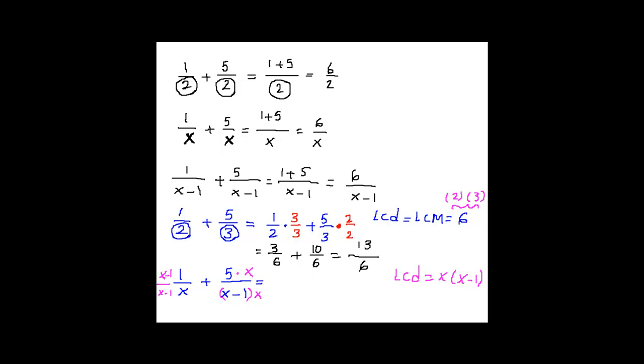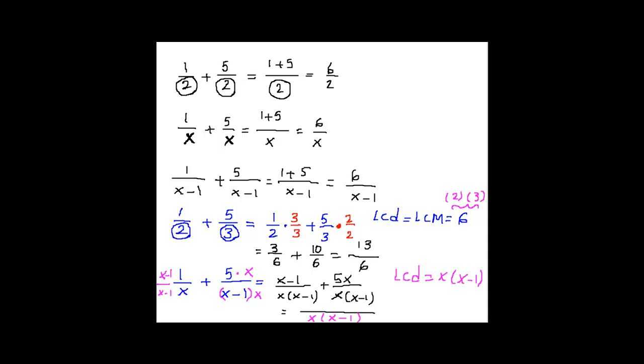So in this case, the first one turns into x minus 1 over the LCD, which is x times x minus 1, plus 5x over x times x minus 1. So there we have the same number at the bottom of the fraction now, which I can write down as x times x minus 1.